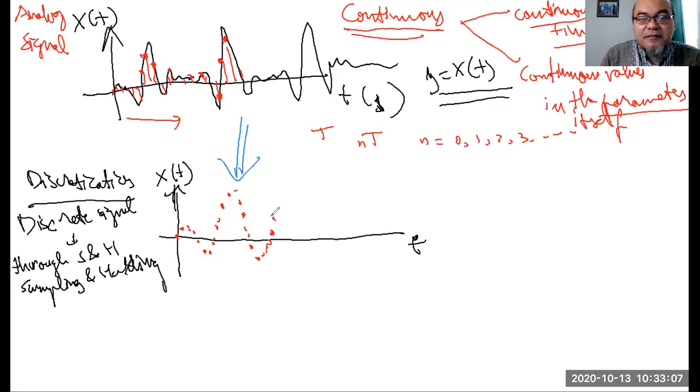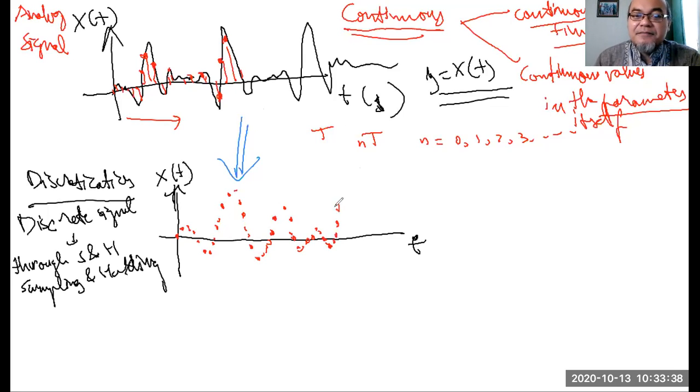My redrawing is not perfect, but the point I would like to convey here is the signal is now discontinued in the time domain, but the value in the parameter itself is still continuous. The value here could take any value on the y-axis, in the real domain.